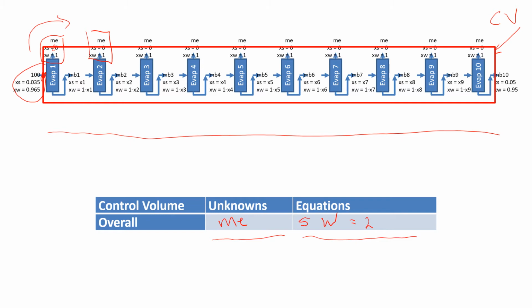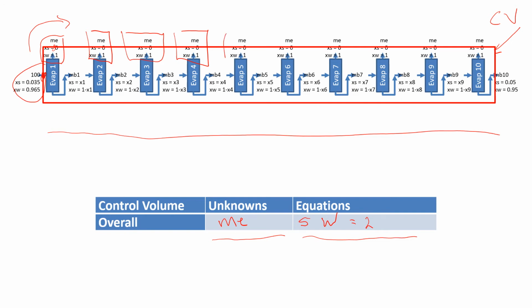Looks like this may be something that repeats itself, and we may not have a whole lot of unknowns associated with all these evaporated water streams that cross the control volume. So look at evaporator 3, only one unknown, ME, it's already in the table. Don't need to add anything. Same thing with 4. The evaporated water stream produced by 4 has only one unknown, ME, it's in the table.